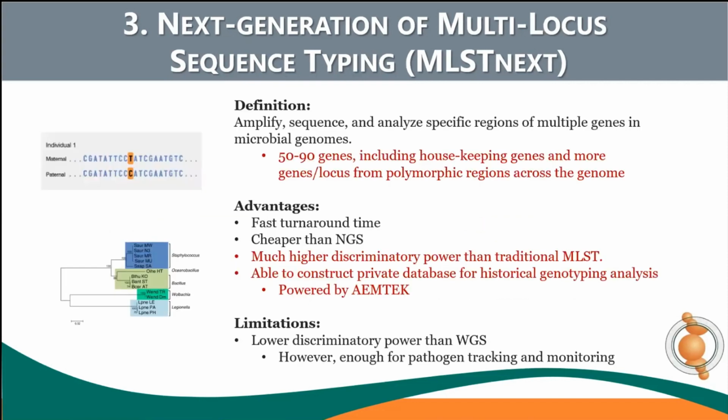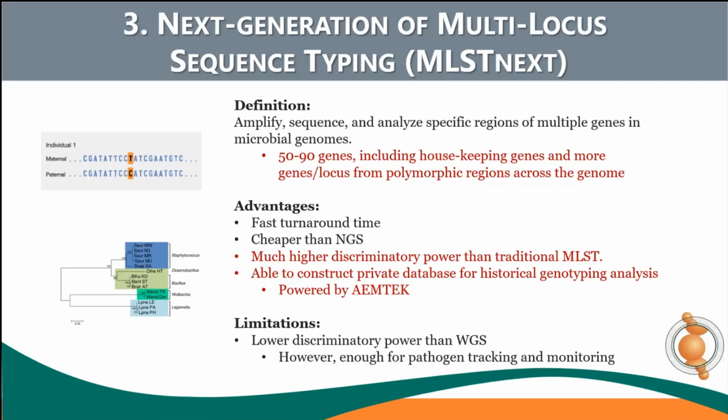As I mentioned earlier, one major limitation of traditional MLST is that it only sequences and compares less than 10 genes, which may not differentiate similar but not identical strains. Instead, MLSTNEXT can sequence up to 90 genes and loci, including those housekeeping genes.